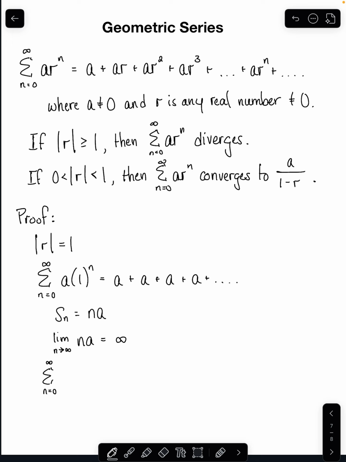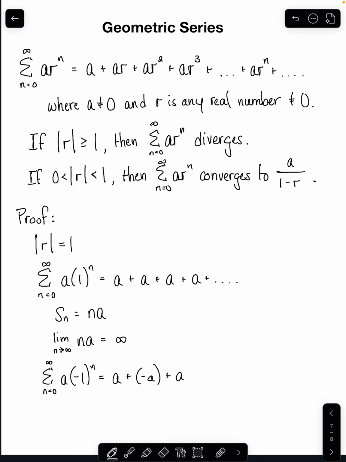If r was negative 1, then what we have here is, we've seen this before, an alternating sign. So that when n is 0, negative 1 to the 0 is 1. And then when n is 1, we have negative 1 to the first, so we end up with a times negative 1, which is negative a.